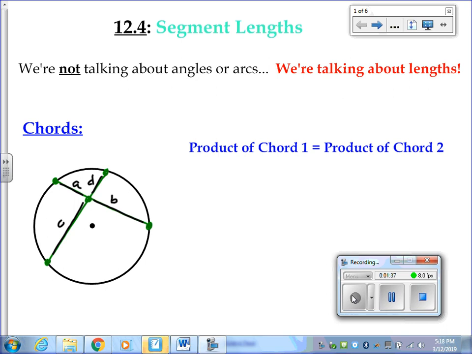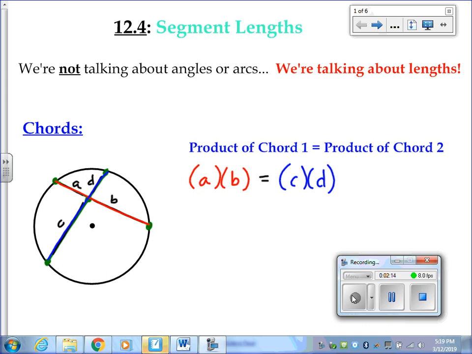The first chord we drew was this one here that consisted of parts A and B. So we are going to multiply those two parts, A times B. And then the other chord that we had drawn consists of parts C and D. So we're simply going to equal this to C times D. And then that's how you would find a missing length if I gave you numbers in the picture.